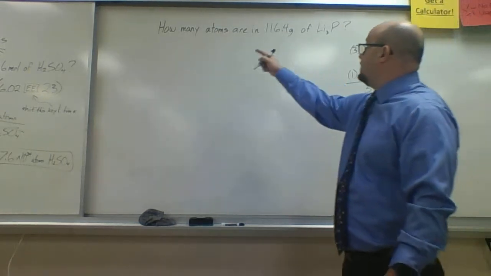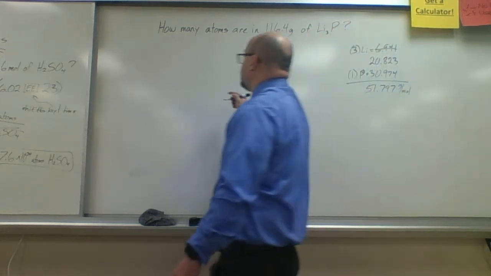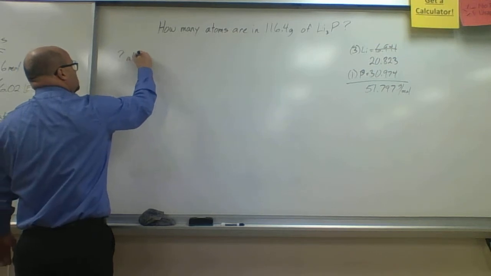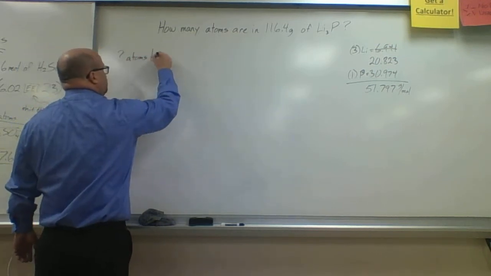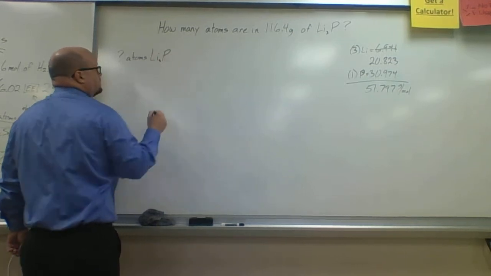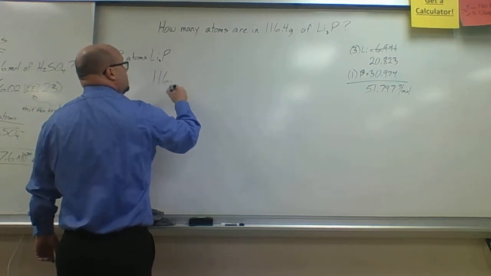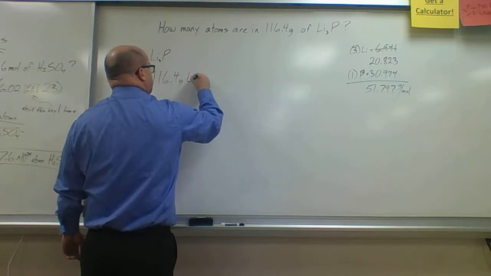Now, to get to atoms, we have to get moles. So let's first start off with what we want. Question mark atoms of lithium phosphide, excuse me. What we're given: 116.4 grams of lithium phosphide.